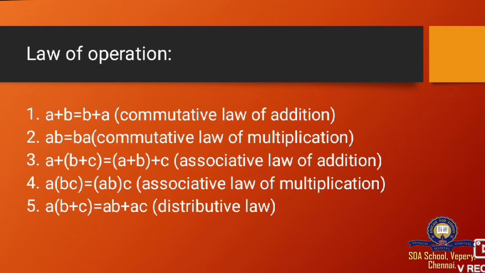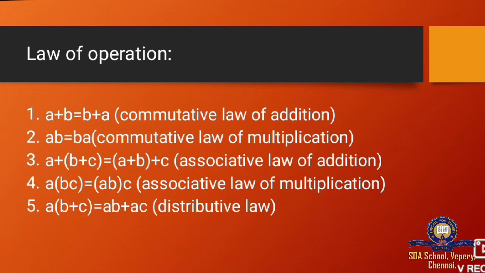Next we're going to see the laws of operation. First, the commutative law of addition. We write a plus b is equal to b plus a. The second law is the commutative law of multiplication. In multiplication we write ab is equal to ba.